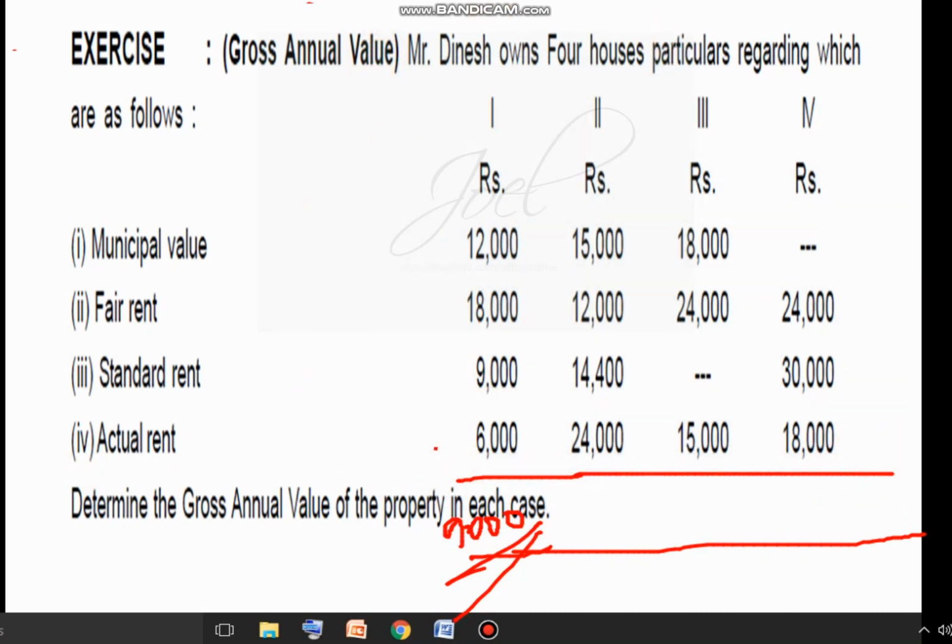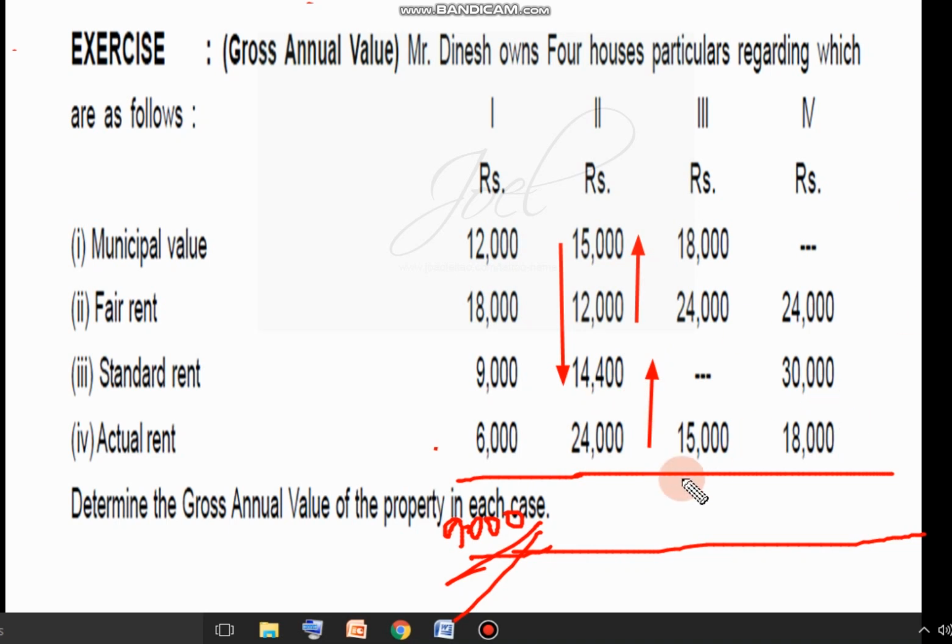So we'll see the second house. Second house, municipal value and fair rental value are given. We have to compare and see the highest one. Between 12,000 and 15,000, the highest one is 15,000. Then 15,000 and 14,400: when you compare, you get 14,400 as the lowest amount. Then 14,400 and 24,000: when you compare, you get 24,000 as the higher amount.